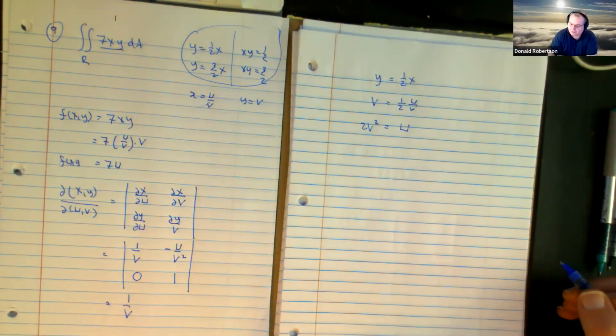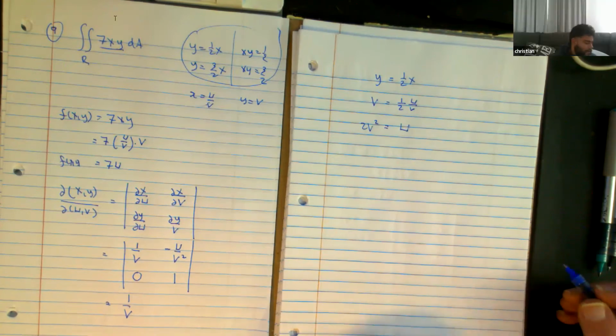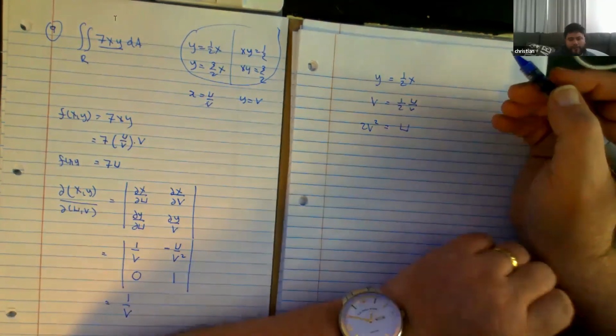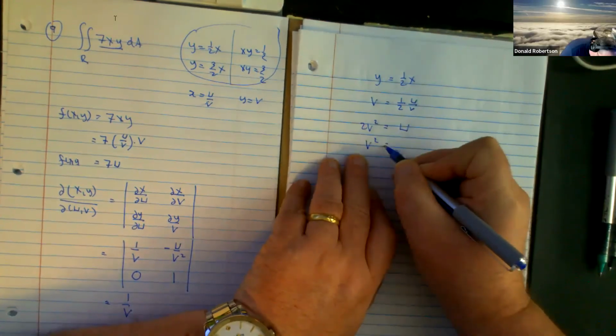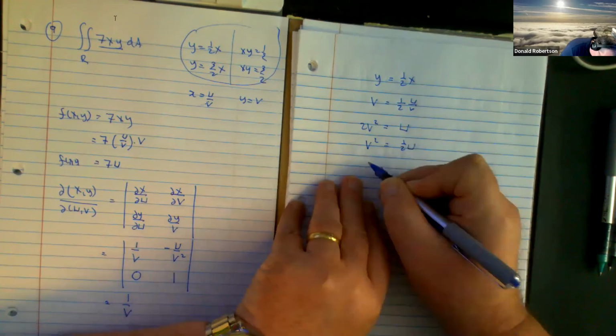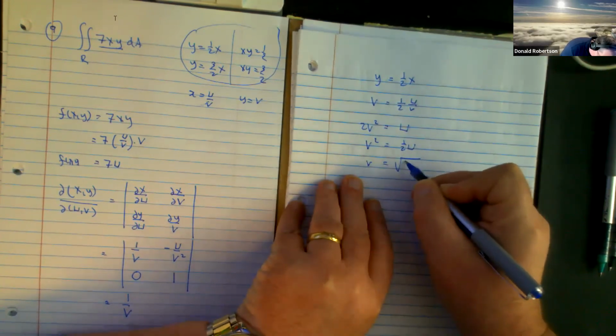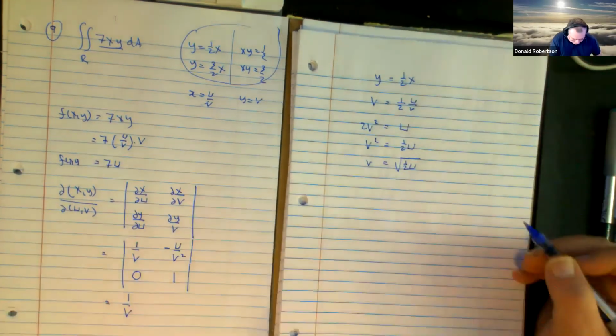You comfortable with that? I think I did v equals the square root of 1/2 u. Okay, so v squared is 1/2 u. V equals the square root of 1/2 u looks okay to me as well.